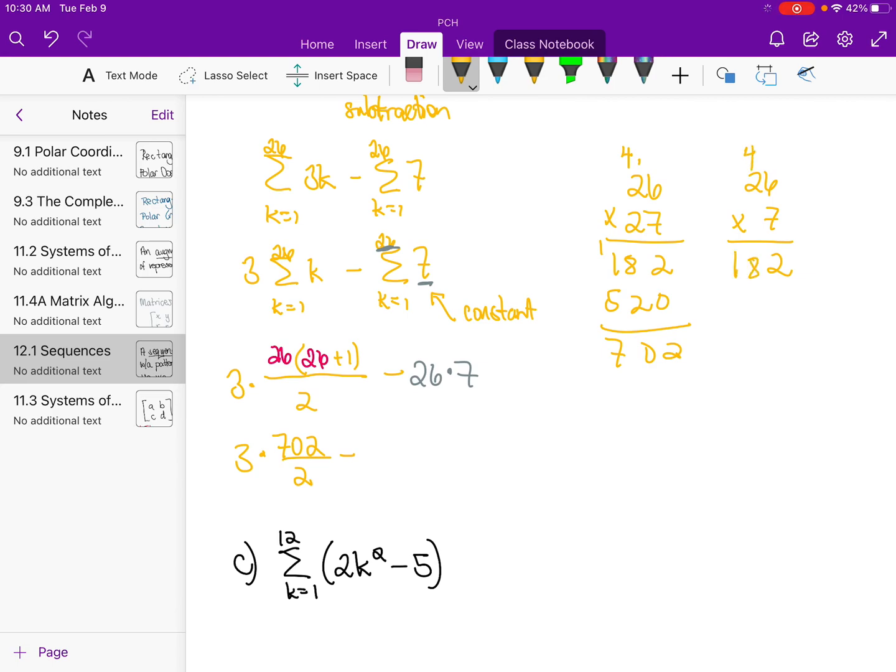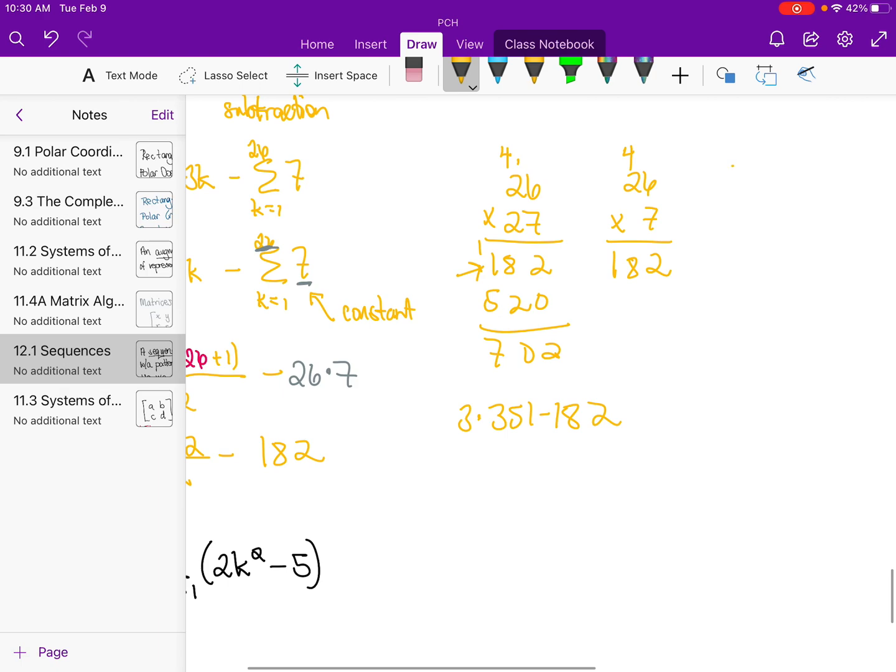Oh, I just did that already, didn't I? Duh. Could have just stole it from there. 702, let's see, 700 would be 350, so 351. Oh, yeah. And then 3, I'm not mathing in my head right now. 315, 1053. Minus 182.